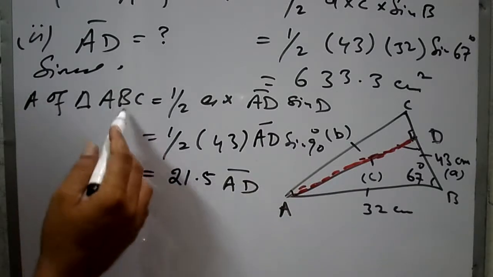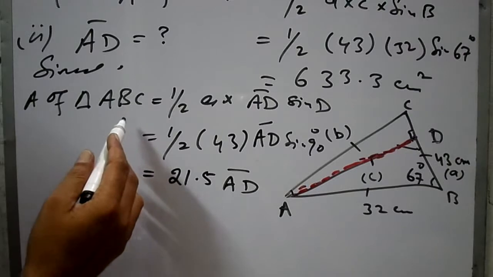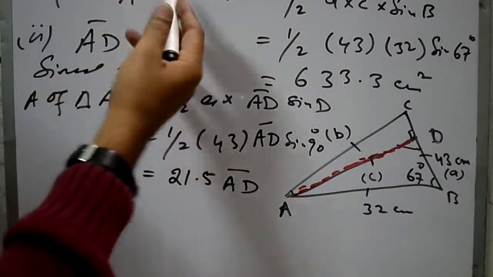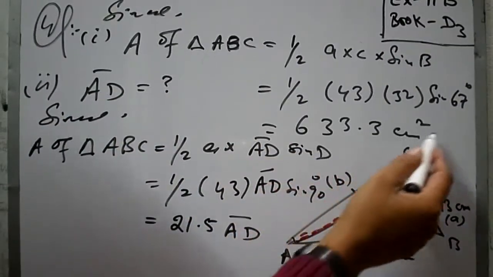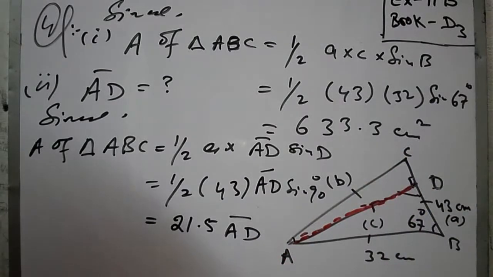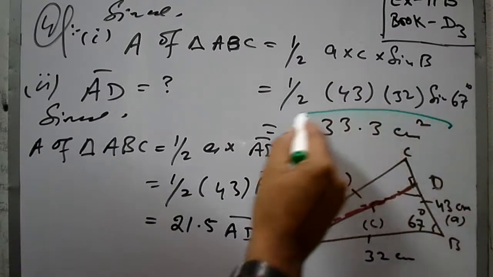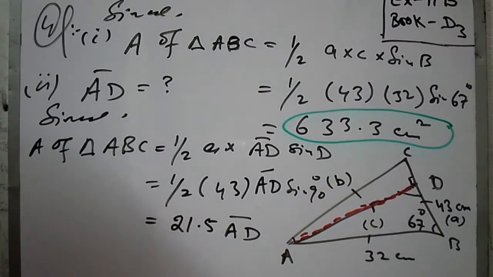So the area of triangle ABC we have already calculated in previous steps in number 1, that is 633.3.